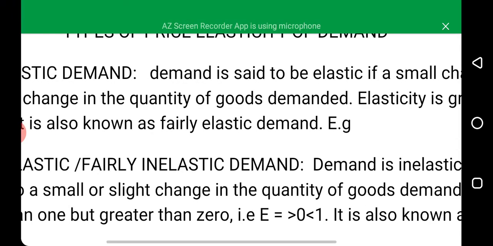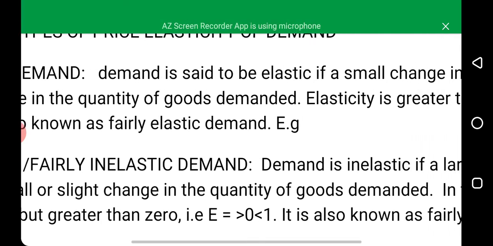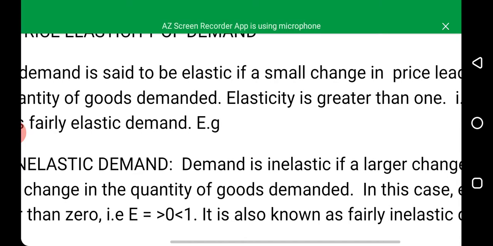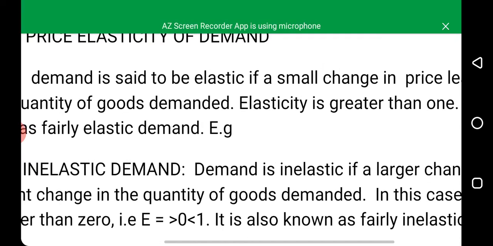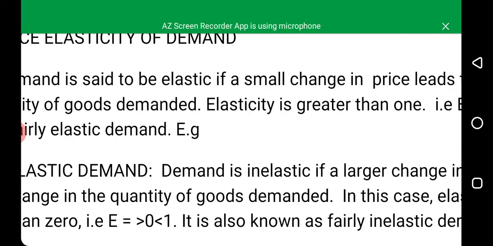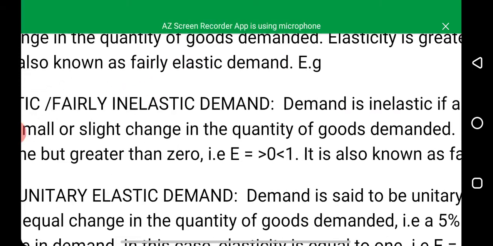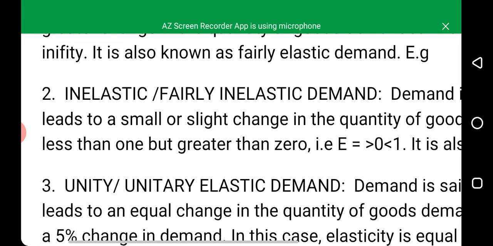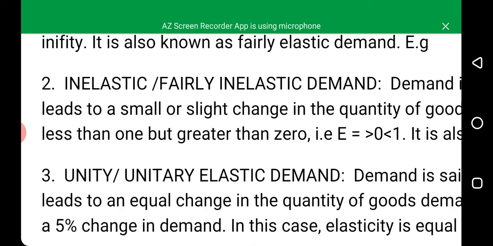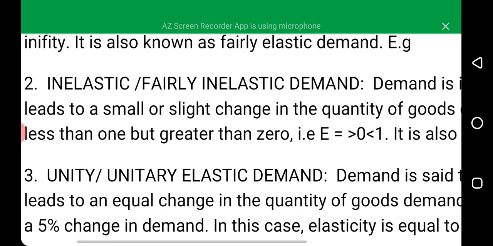So elastic demand is greater than 1. When demand is elastic, its elasticity is greater than 1 but less than infinity. Take note, please. Number 2 is inelastic or fairly inelastic demand.